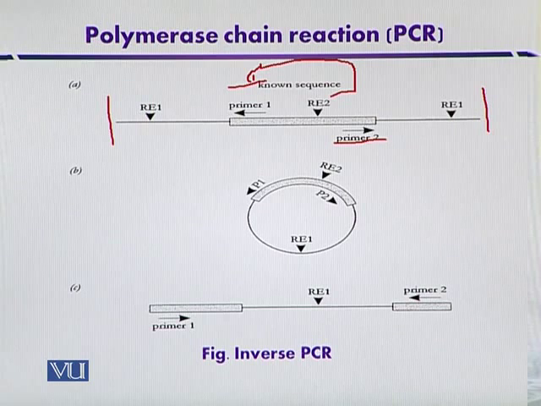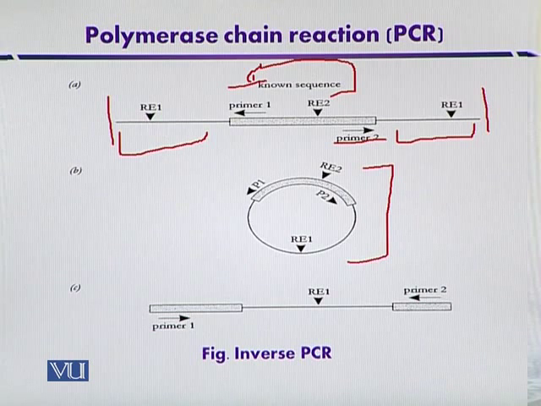Now how will we amplify this flanking region that may be of our interest? So we can introduce circularization of the restriction fragment. Why? Because a sticky end is there because of the digestion with restriction enzyme 1 here.